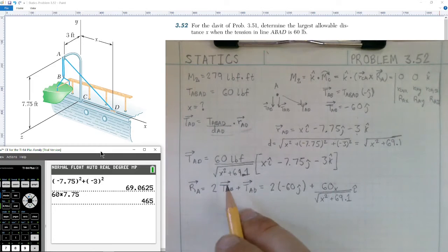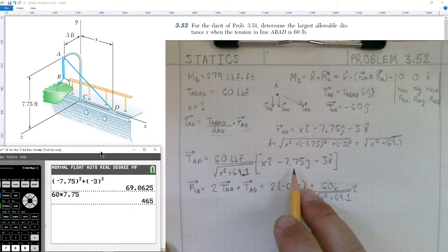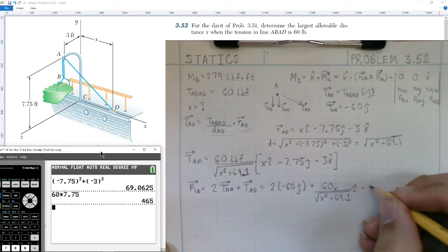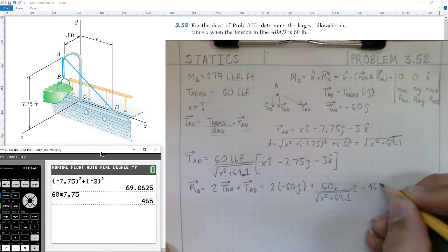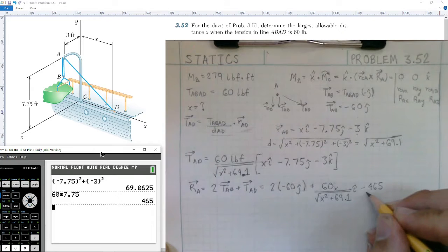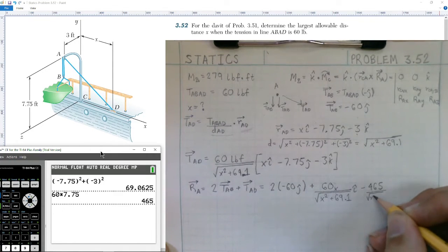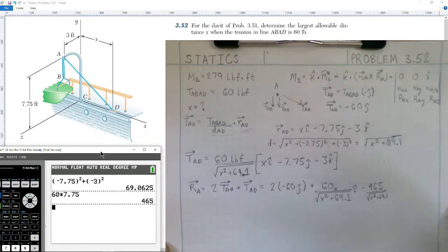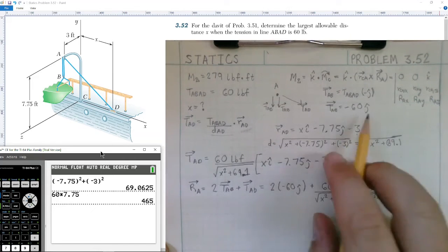So we'd have 60 times negative 7.75, which would be minus 465 over the square root of the same value, x squared plus 69.1, j hat. Although we actually have another j hat value, don't forget, we have our 2 times tension AB.